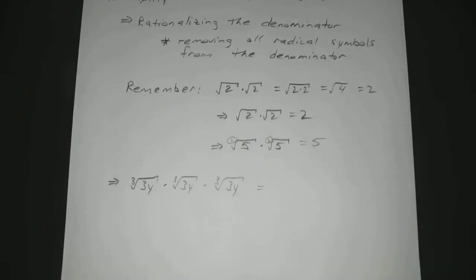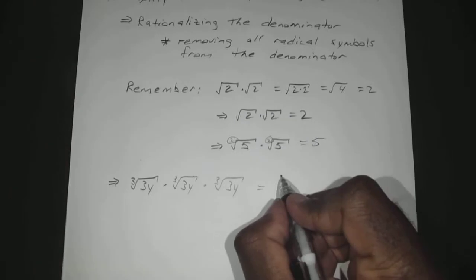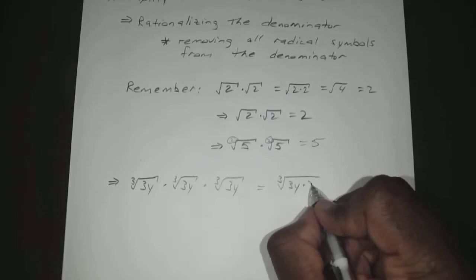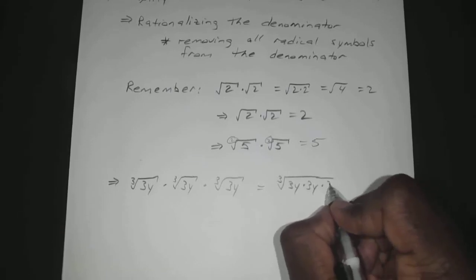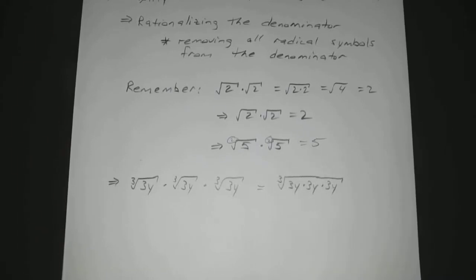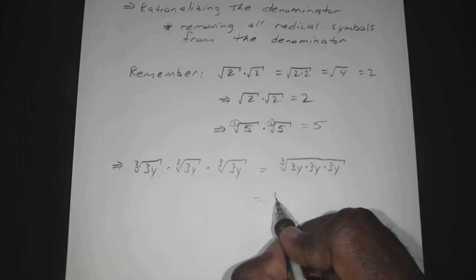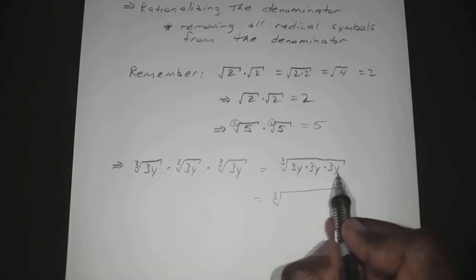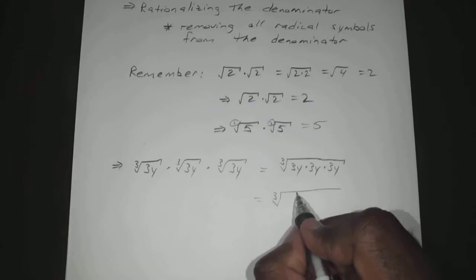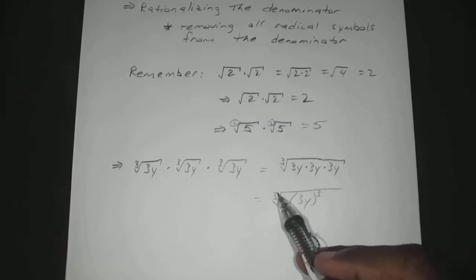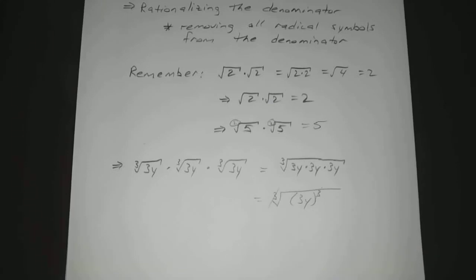If we combine all of those under one radical, it would be the cube root of 3y times 3y times 3y, which becomes the cube root of 3y to the third power, where your index and your exponent cancel each other out.